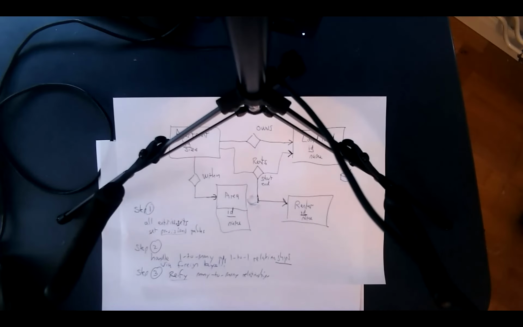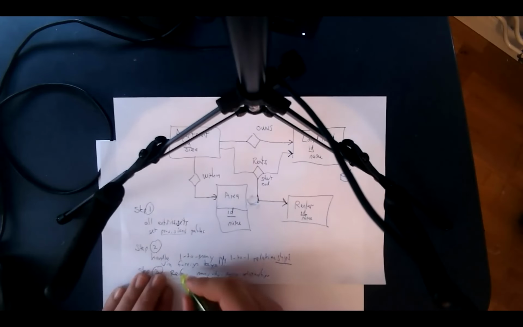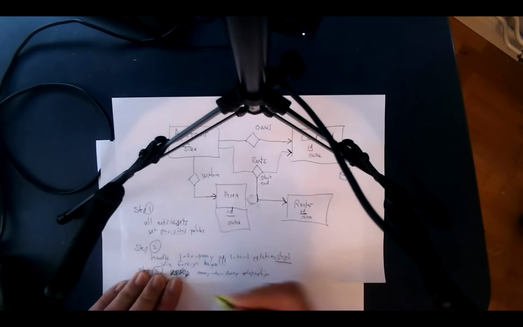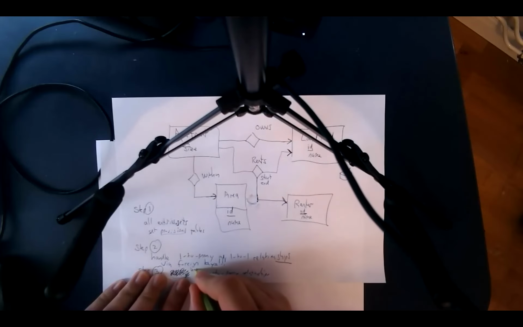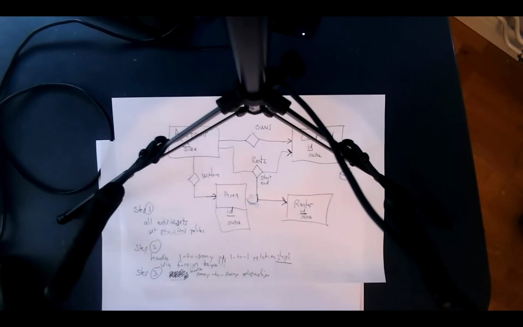Reification is a deeper concept, but I just want to introduce the term here. I'm not sure it fits exactly here, but it kind of does. But anyways, we're going to make this concrete. Maybe I shouldn't say reify. No, handle many relationships. Let's do it that way.